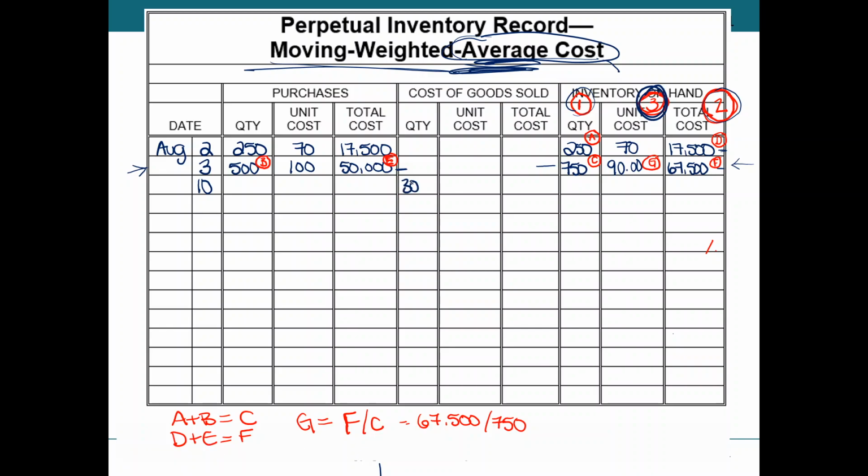So we sell 300 and we use our newly calculated unit cost of $90. And then here we're saying our quantity times our unit cost equals our total cost. So 300 times 90 equals 27,000. So we just multiply those.